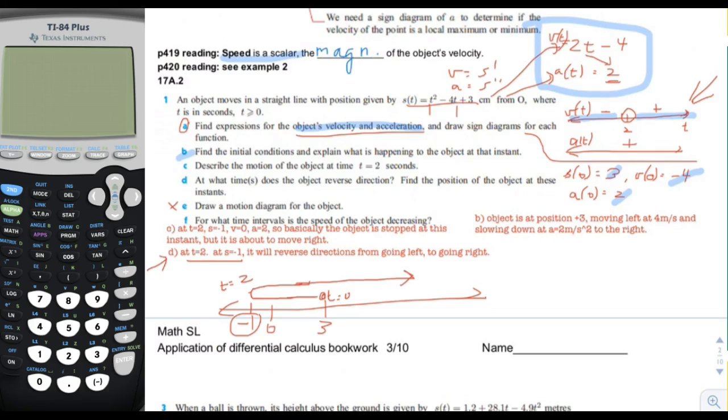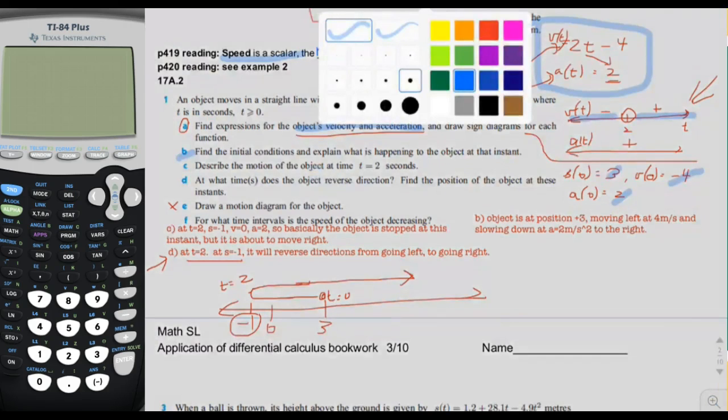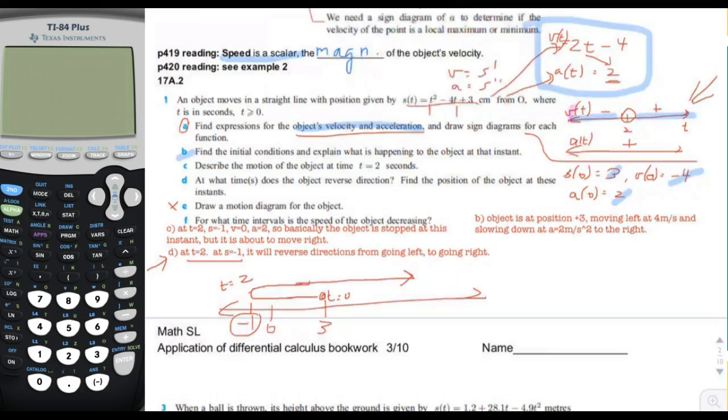The reason why they say speed is because if you say the velocity is decreasing, then you might think, oh, the velocity is getting more negative. But if you're going to the left and the velocity is getting more negative, the thing is actually speeding up, right? So basically we're saying, when is it going to start moving slower? And that's basically when the acceleration is in a different direction than the velocity. And that would be like in this region here, right? Here the velocity is negative.